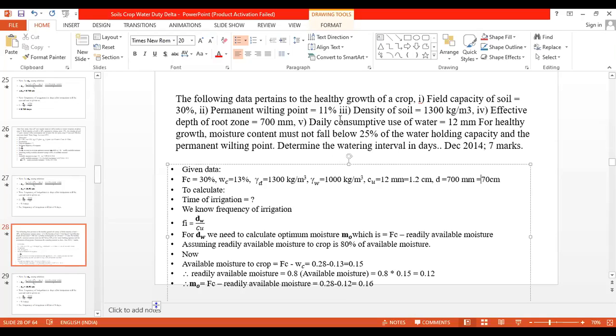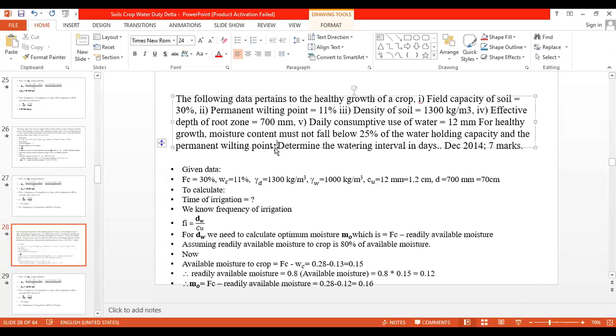Then again they have given us the wilting coefficient, the wilting point, as 11%. Along with that, they have given us that the moisture content must not fall below 25% of the water holding capacity and the permanent wilting point.